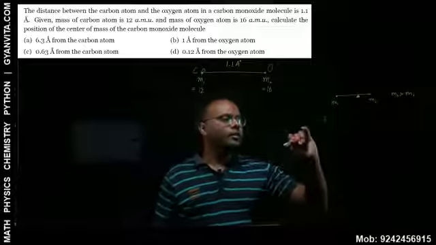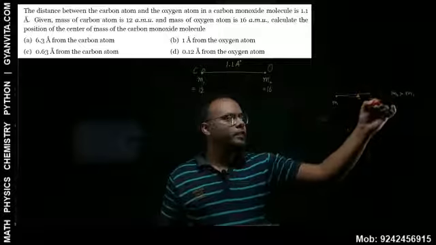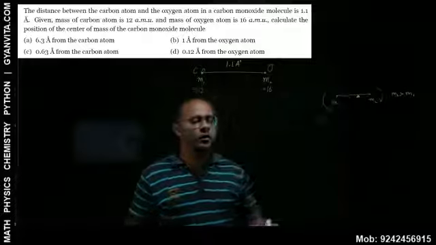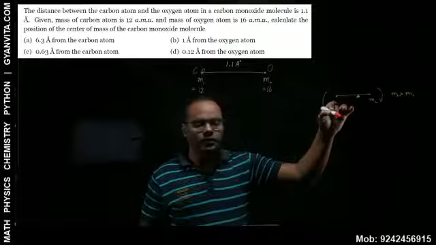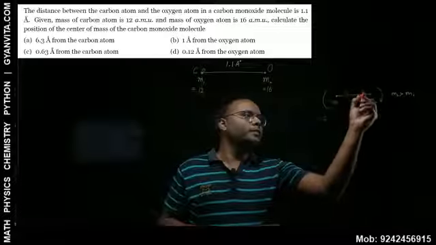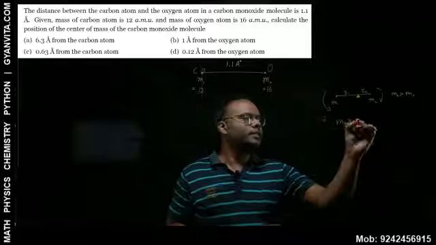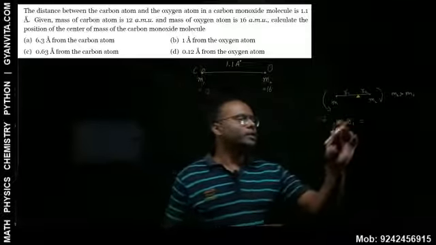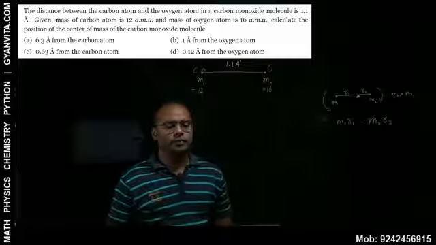The reason behind that is the moment of mass. We know that both will have this moment. One will be clockwise and another anti-clockwise, and they balance each other. So if this is R1 and this is R2, then when it is in equilibrium, M1 R1 should be equal to M2 R2. So what does that mean?